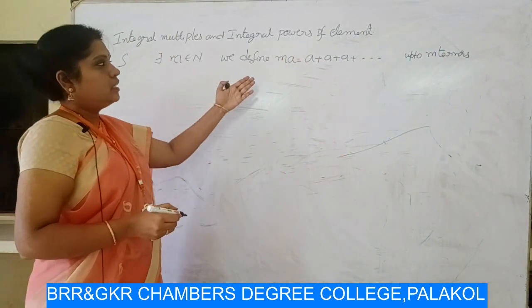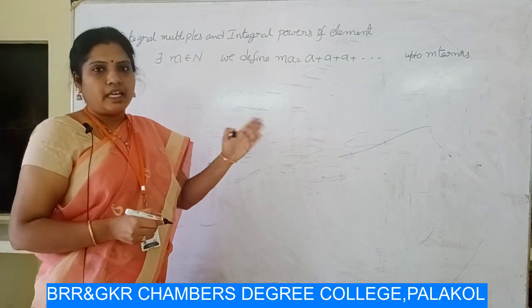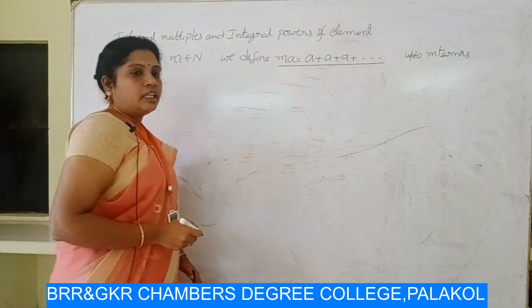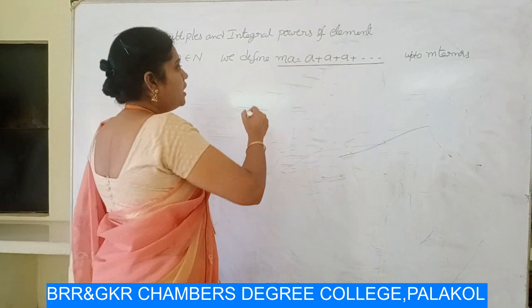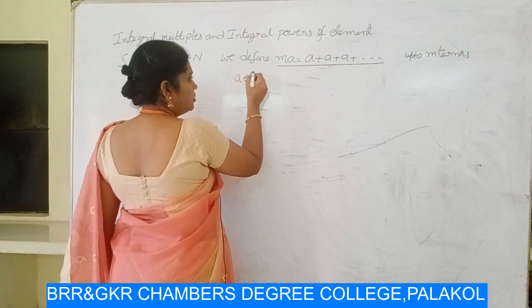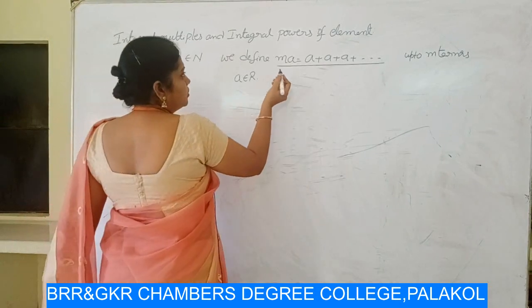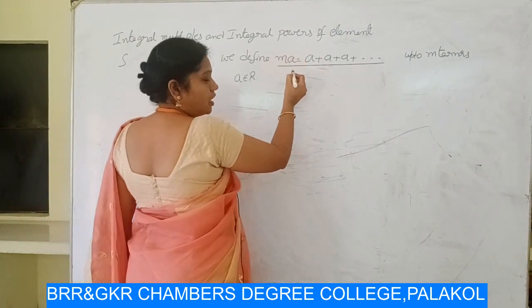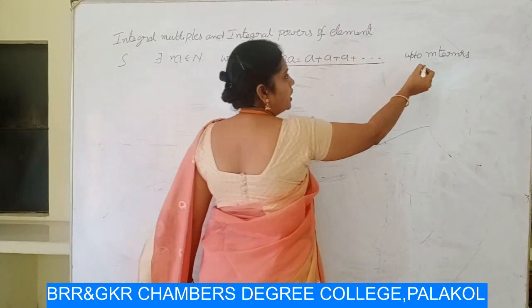This expression is called the integral multiple of an element a, which is in R. So here m is a positive integer, we define ma as a plus up to m terms.